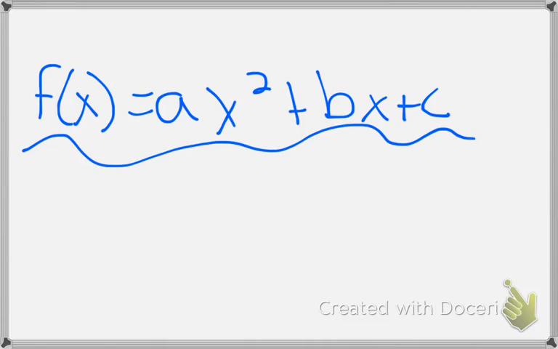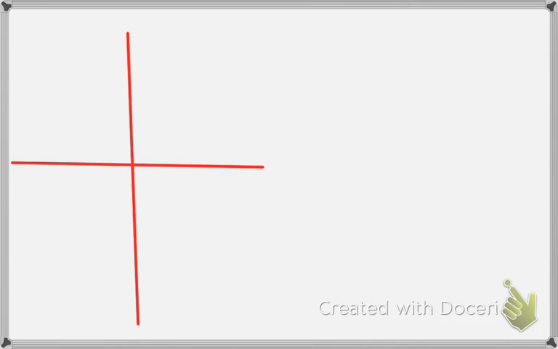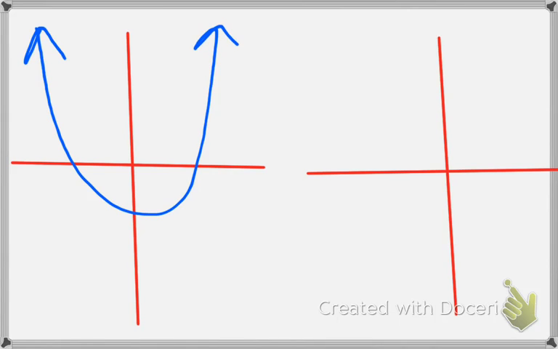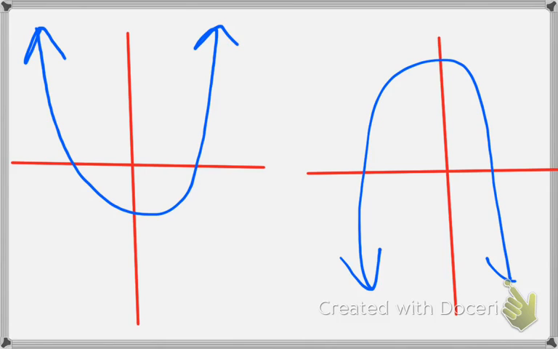If the leading coefficient is positive, the graph of... so let's go ahead and start discussing these properties. So we'll have a line there, a line here. Basically this is when the leading coefficient is positive, and this is when the leading coefficient is negative.